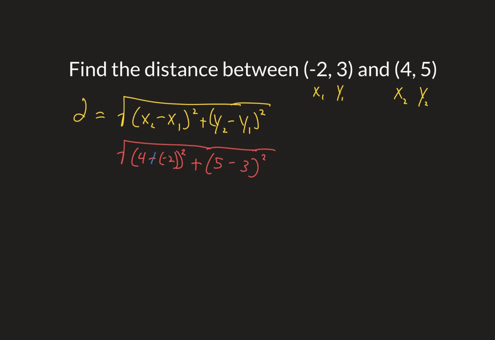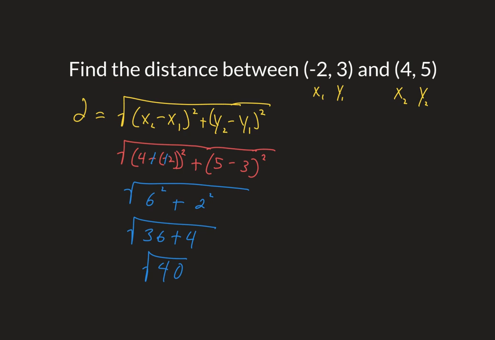The double negative will make a positive. So we'll have the square root of 4 plus 2, which is 6 squared, plus 5 minus 3 is 2, so 2 squared. In other words, 36 plus 4, which is 40.